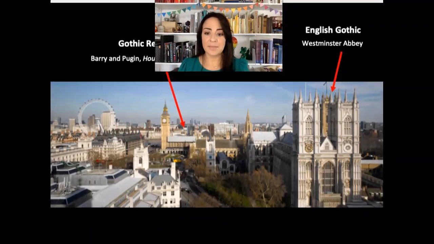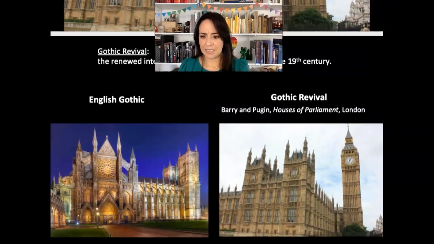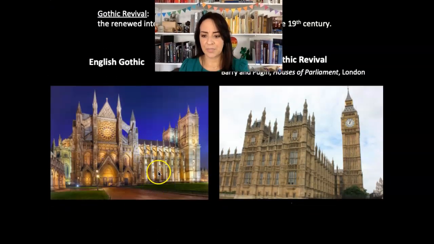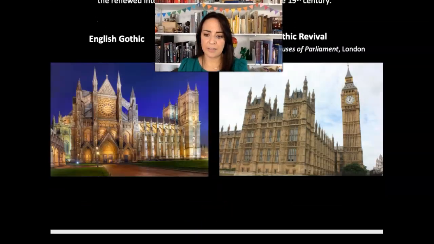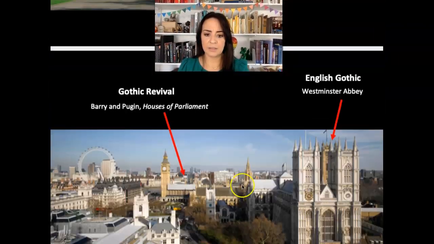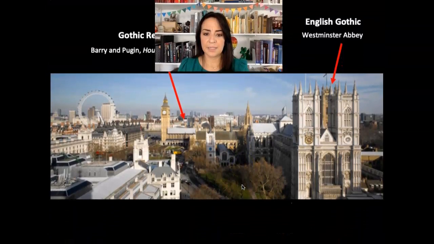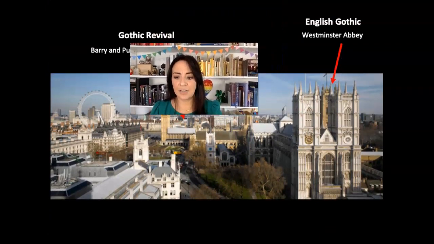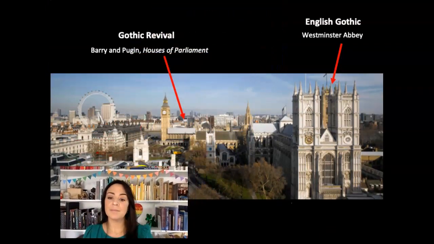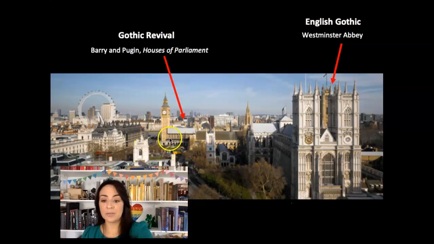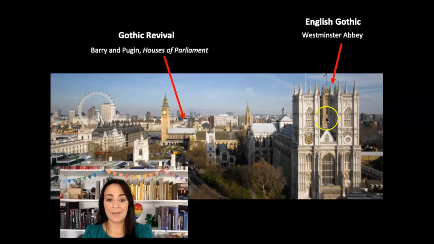Now, I mentioned Westminster Abbey, which is this one here. Let's go stand over here and look at it from the front. Here it is. I said that it's just down the road from the Houses of Parliament. Literally. There's the river back here, and then here's the Houses of Parliament, and you just come up the street, and boom, there's Westminster Abbey.